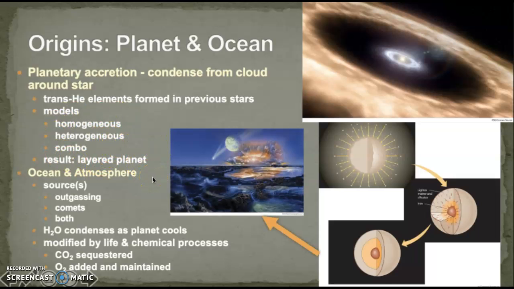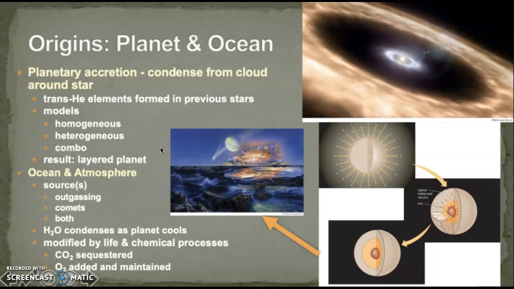One of the questions for us when we look at the ocean is, are the ocean and atmosphere still being added to by comets? Because heterogeneous accretion would say, yeah, you're probably still adding some more material even at this late stage in the planet's history. This would have all happened around 4.5 billion years ago.